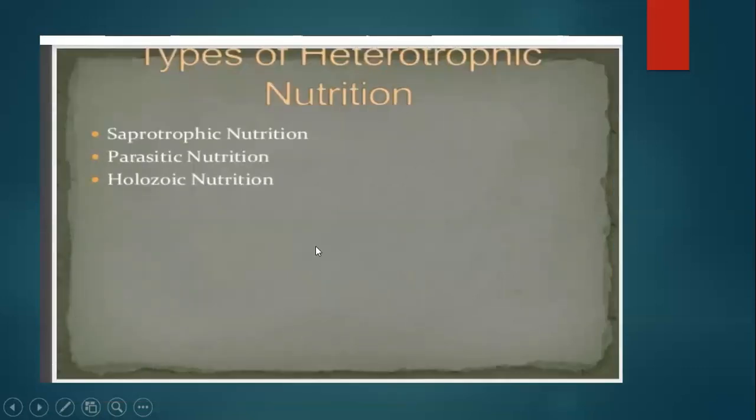See, the types of heterotrophic nutrition: saprotrophic nutrition, parasitic nutrition, holozoic nutrition. These are the three types of heterotrophic nutrition. Let us discuss saprotrophic nutrition.